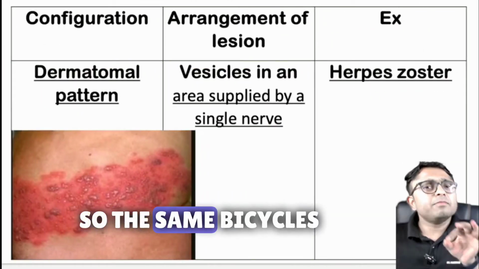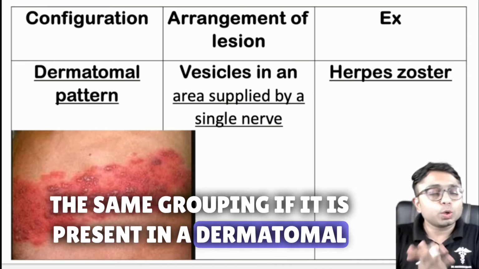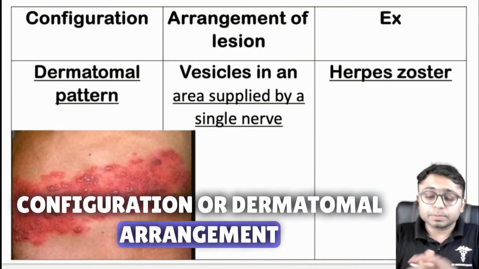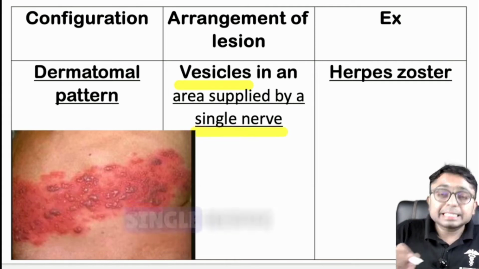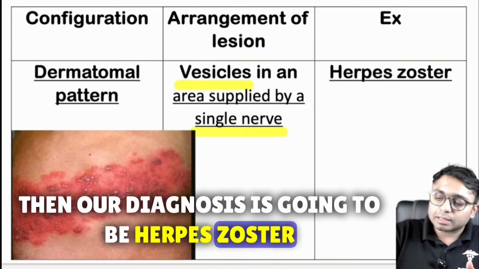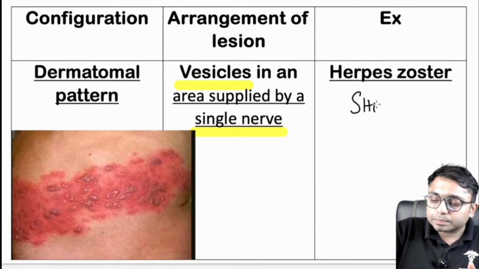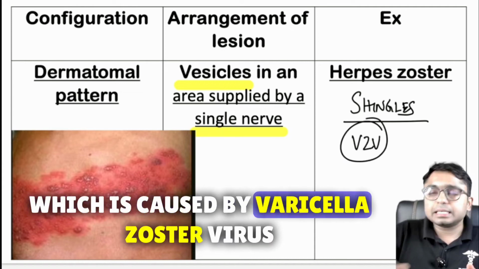So the same vesicles, the same grouping, if it is present in a dermatomal configuration or dermatomal arrangement, that is, if the vesicles are present in an area which is supplied by a single nerve, then our diagnosis is going to be herpes zoster, which is also called shingles, which is caused by the varicella zoster virus.